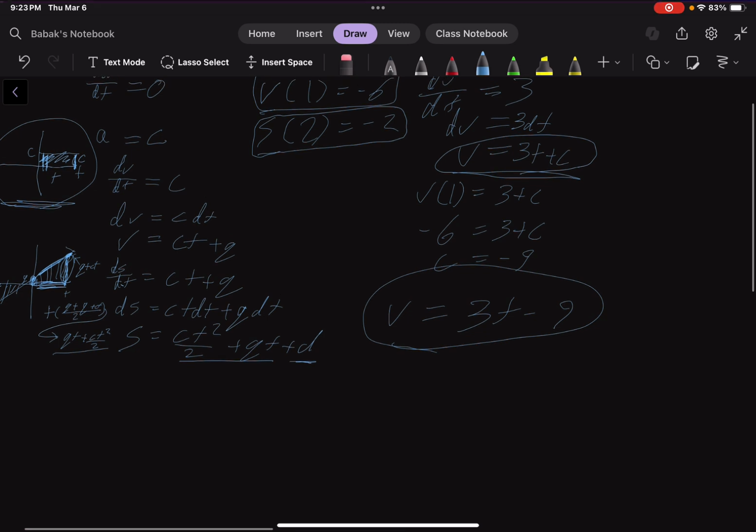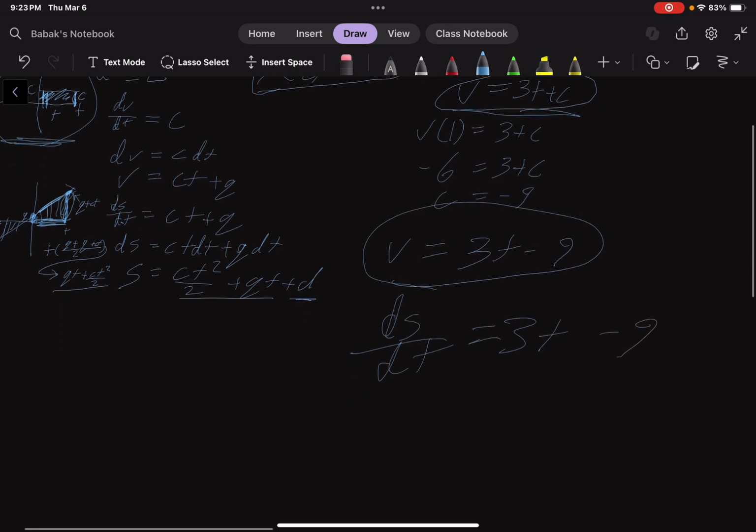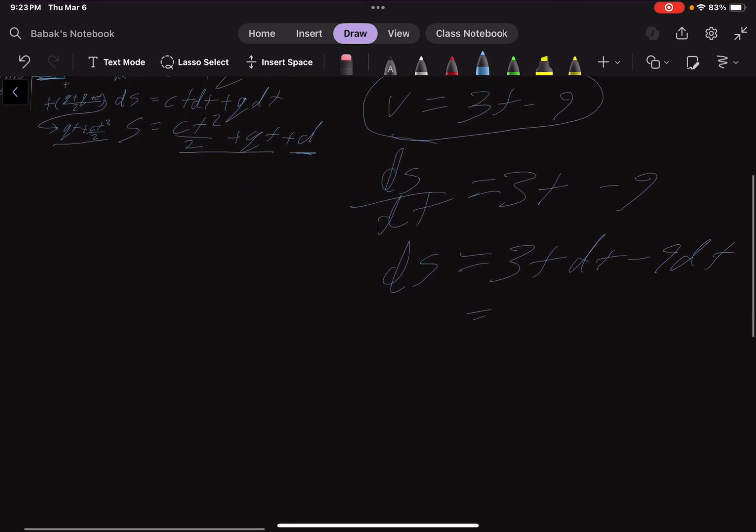Now, we further have ds/dt is equal to 3t minus 9. Of course, ds/dt being the velocity. And once again, we multiply both sides by dt and integrate as follows.